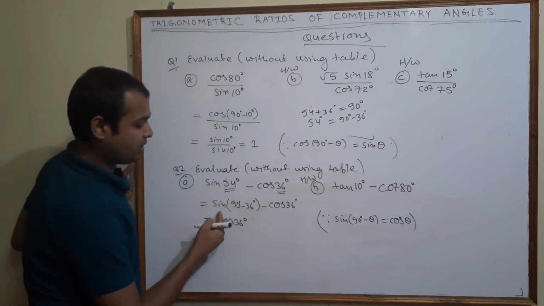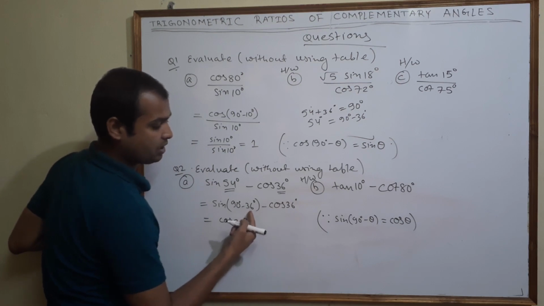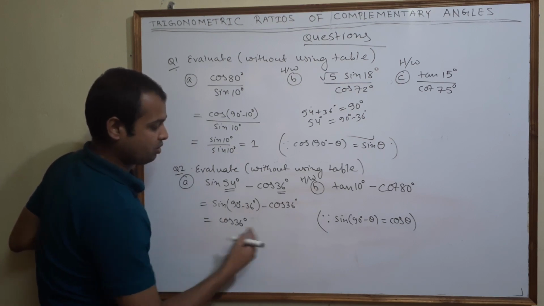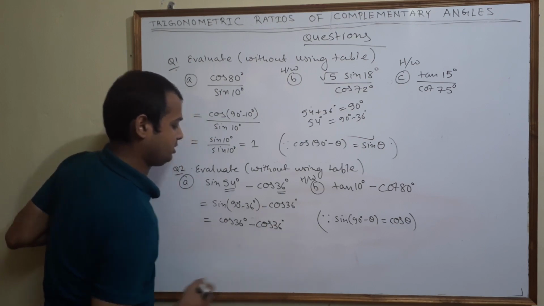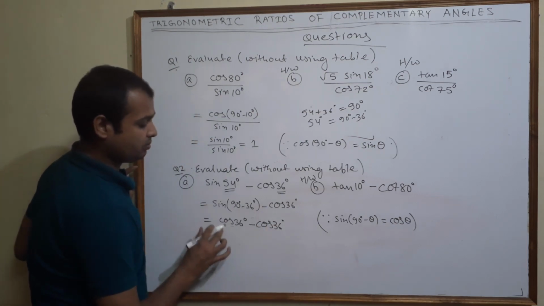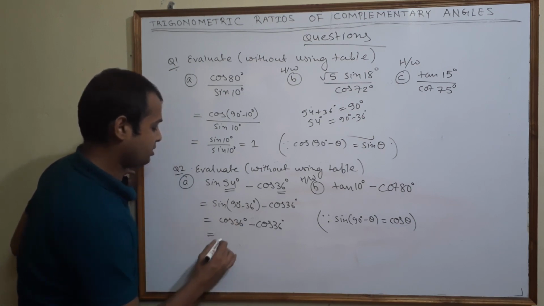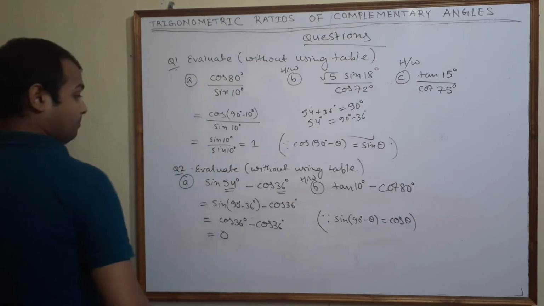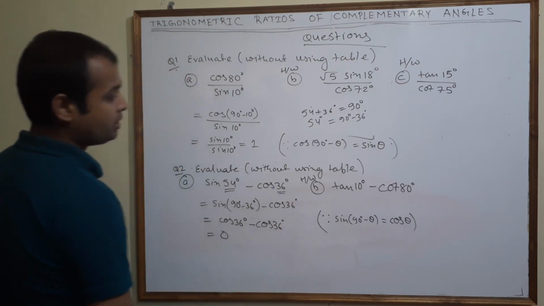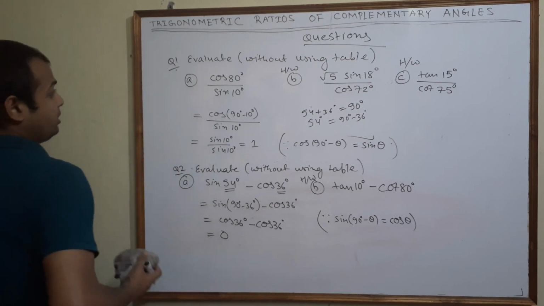So here we have sin(90 minus 36), in place of theta we have 36. So this becomes cos 36 minus cos 36 degree. You can see both are the same, signs are opposite, so they will cancel out. So you'll get 0. B you have to do in the same way. Now let's see the next question.